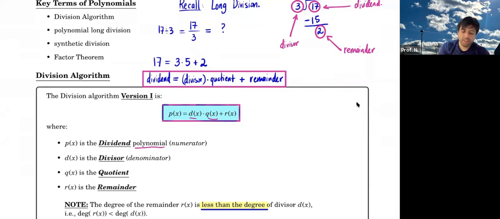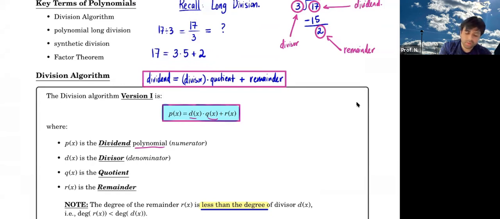Okay, and let me finish off this little example. So we know, for example, that 17 is 3 times 5 plus 2, correct? But remember, at the end of the day, what are we looking for? We're looking for 17 divided by 3. So how does this help us now? How does 17 equals 3 times 5 plus 2 give us 17 over 3?